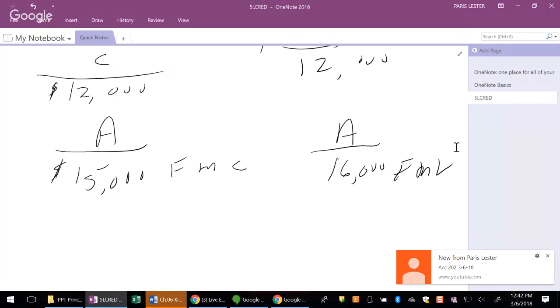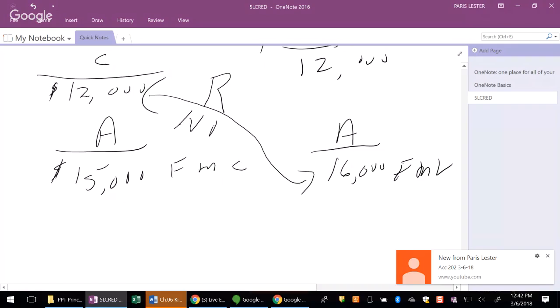If our basis is 12 and we got 16 out of it, that's a $4,000 gain, realized but not recognized. Your basis goes back to the same $12,000. Now, if you turned around and sold it tomorrow for $16,000, you'd pay tax on the $4,000 gain.